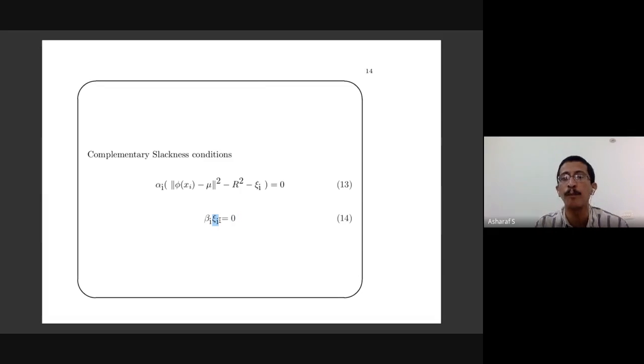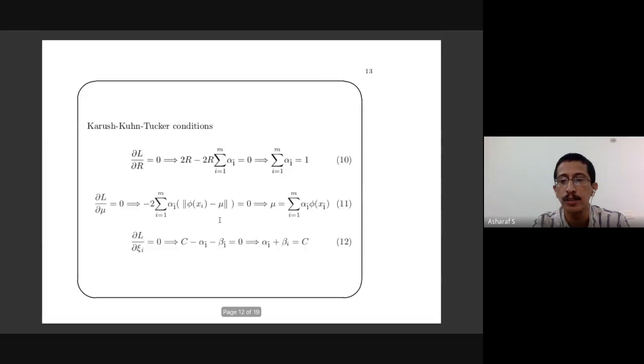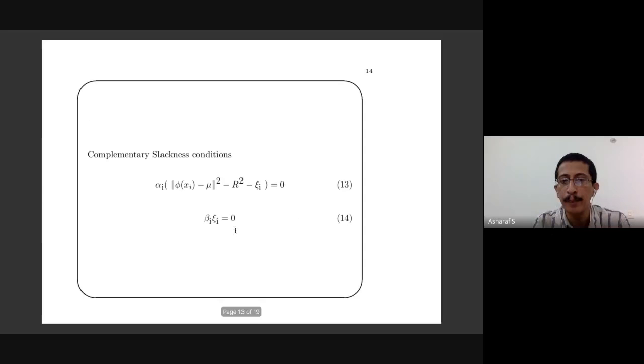The mistake has to be 0. To go back: α_i equal to 0 gives you β_i equal to C, and β_i being C means ζ_i has to be 0.